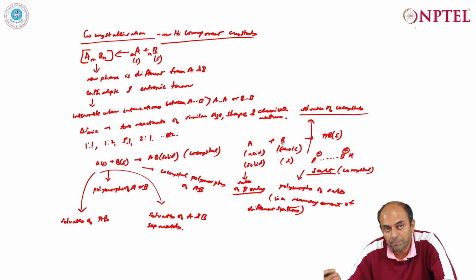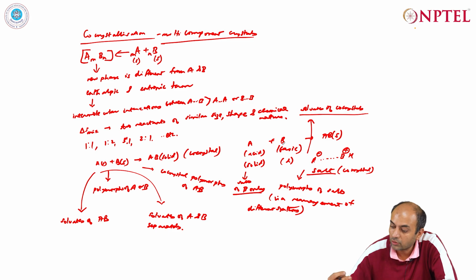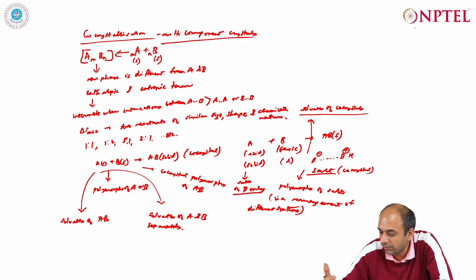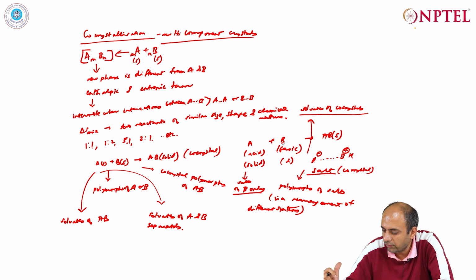So you can also have basic drugs. You need not always have acidic drugs. You can also have basic drugs, for example, which can be a part of the co-crystal formulation, and we can now have the corresponding salt, hydrochloride salt of that basic component, which can also form solvates of the salt. So this can form salts of B, and then the salts of B can also form solvates of the B salt.